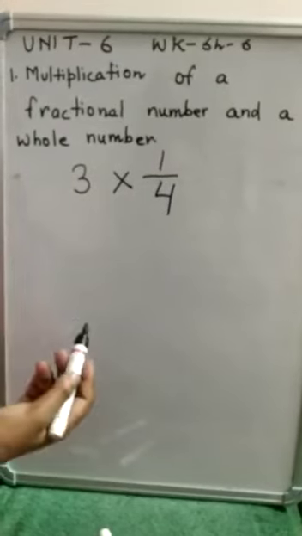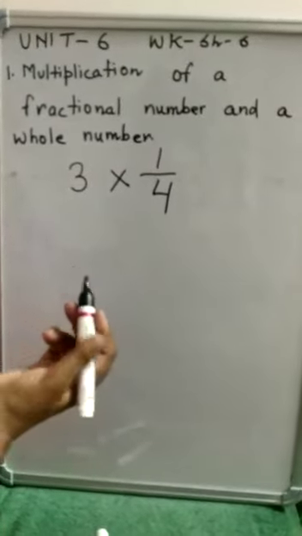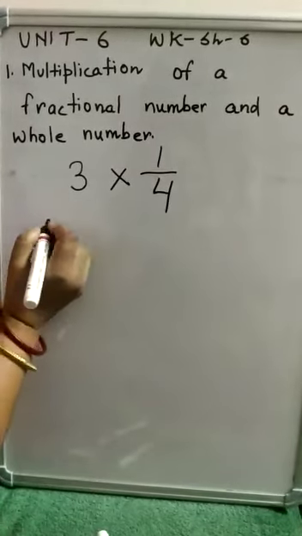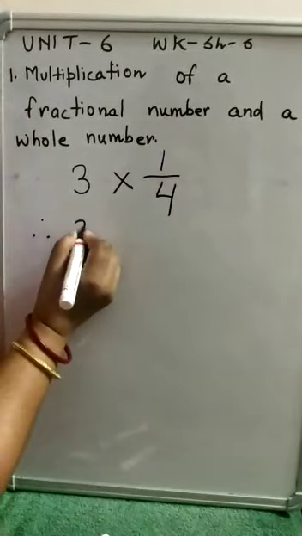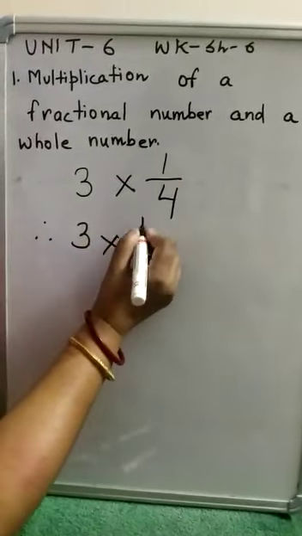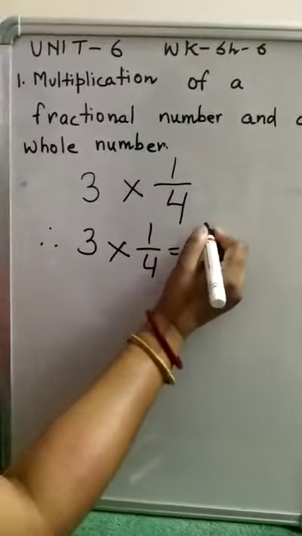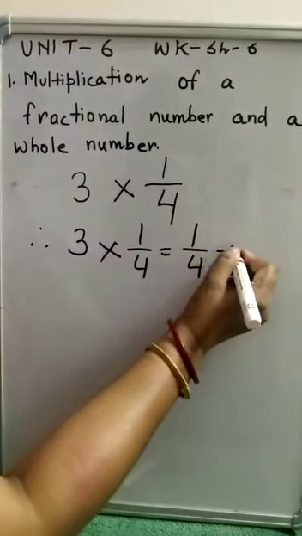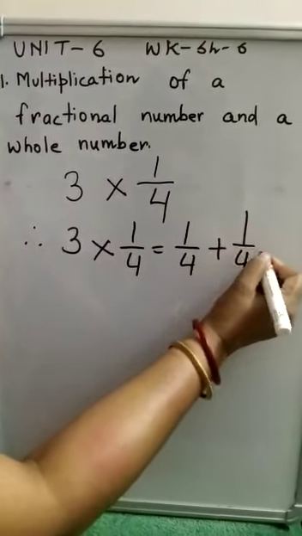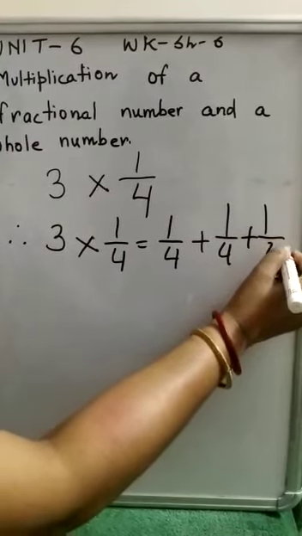So we know that multiplication is a repeated addition. So therefore 3 times of 1 by 4 equals 1 by 4 plus 1 by 4 plus 1 by 4. Right?